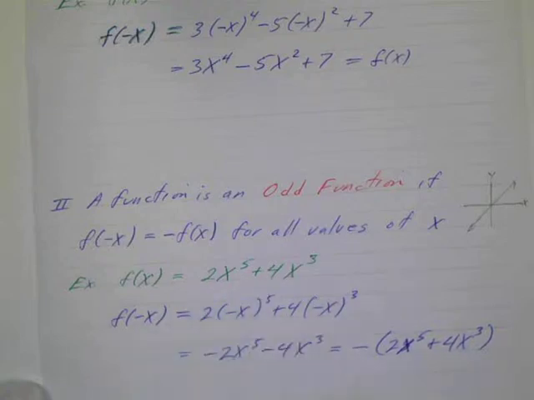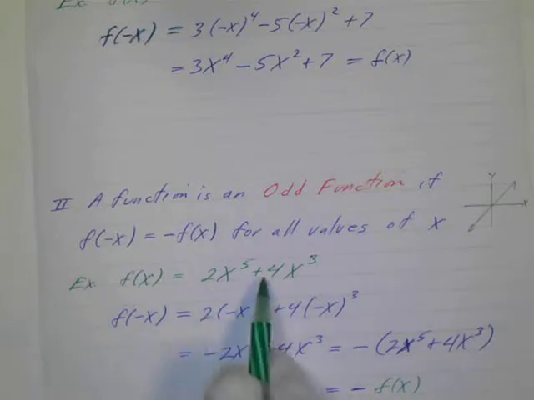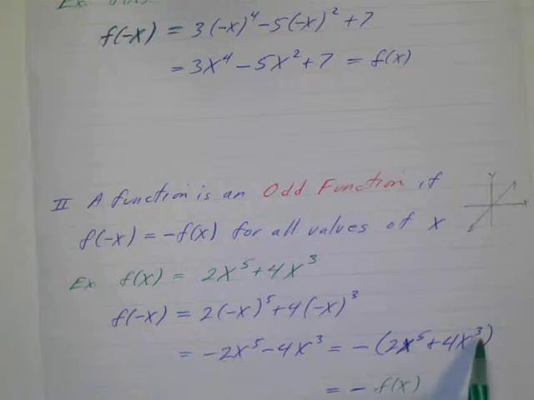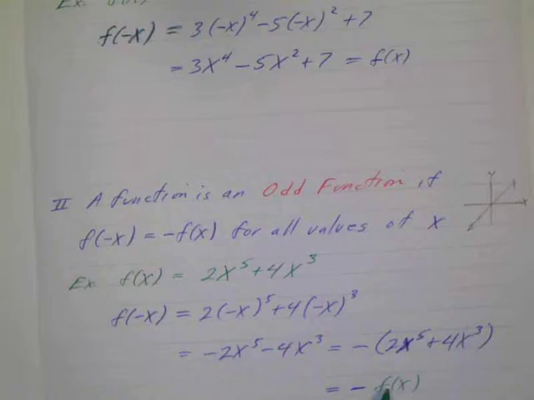That's f of x. You can see that 2x to the fifth plus 4x cubed, 2x to the fifth plus 4x cubed, that's f of x, and we got a negative. So I've shown that f of negative x equals negative f of x.